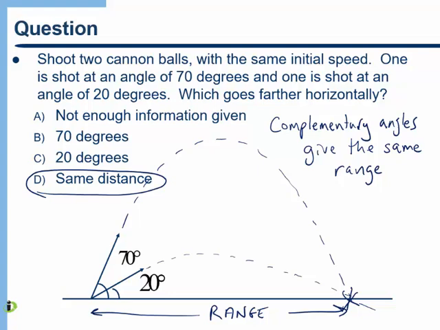A 50-degree angle and a 40-degree angle will give the same range. And you probably have a sense of this already. 45 degrees gives the maximum range. And we would like to be able to prove all of that mathematically, and we will as we go through the videos.